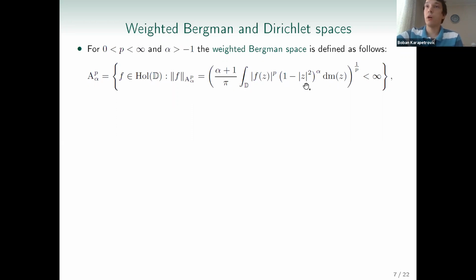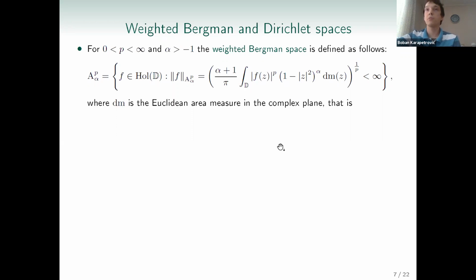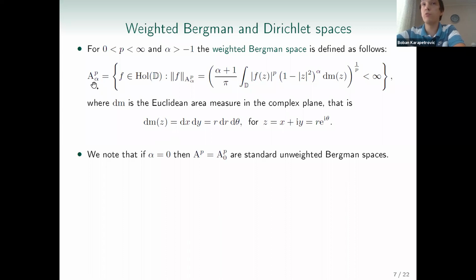And also here, dm is the standard Euclidean area measure in the complex plane. So this is dm, and if alpha is equal to 0, then we have the standard Bergman or unweighted spaces.